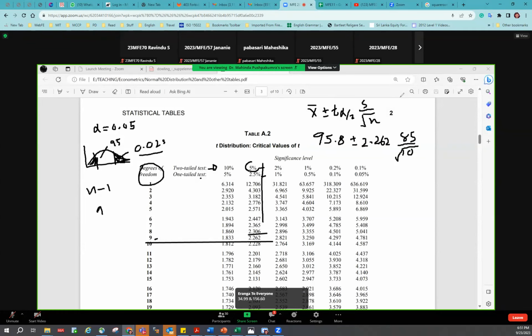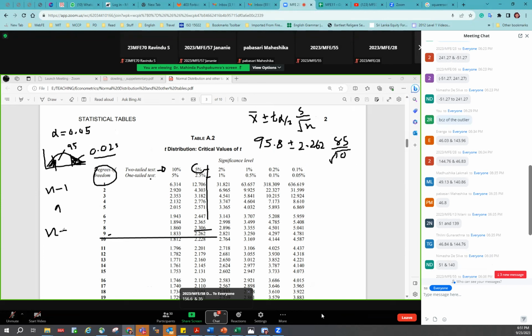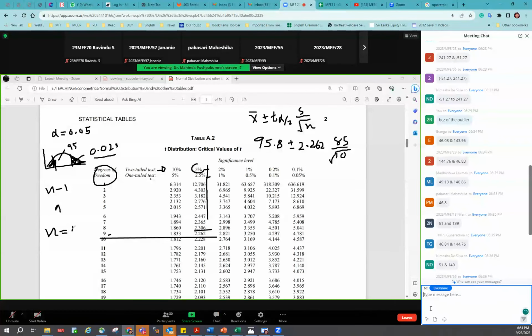So, what is the meaning of degrees of freedom? Actually, I can explain it in detail later, but in this example the sample size is 10.